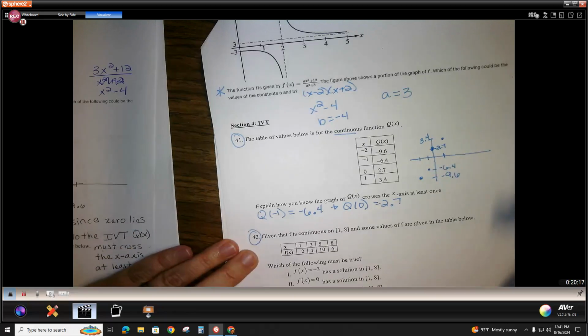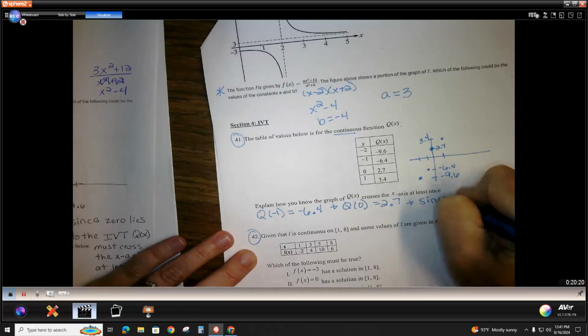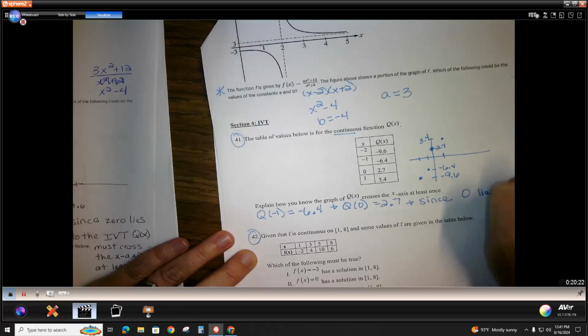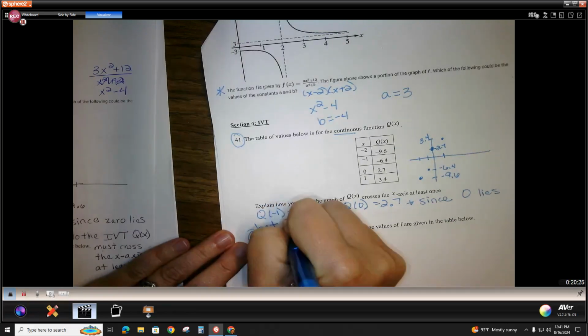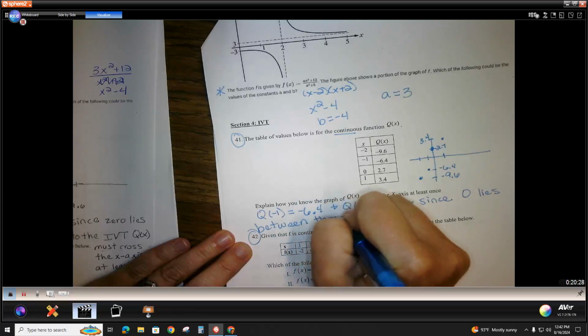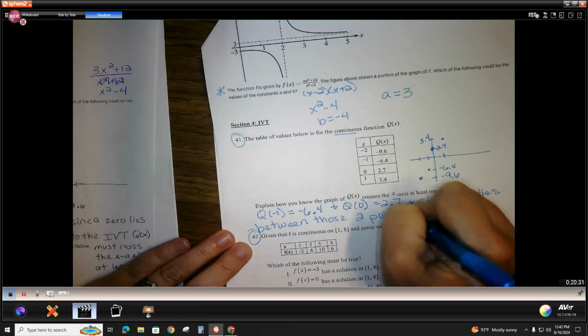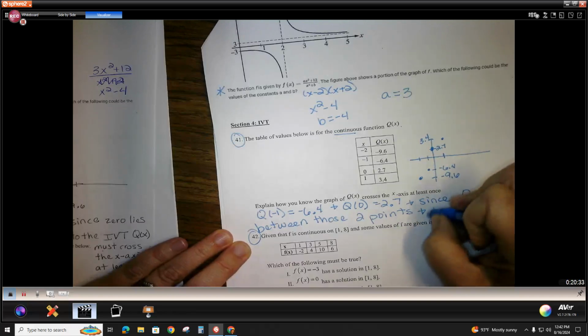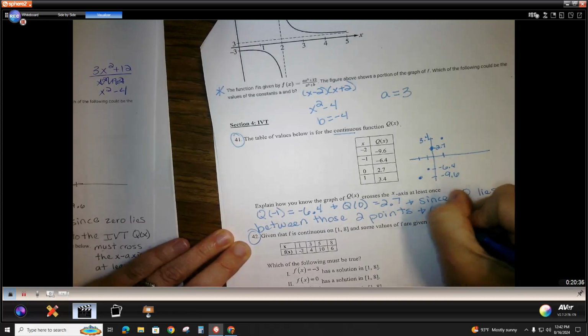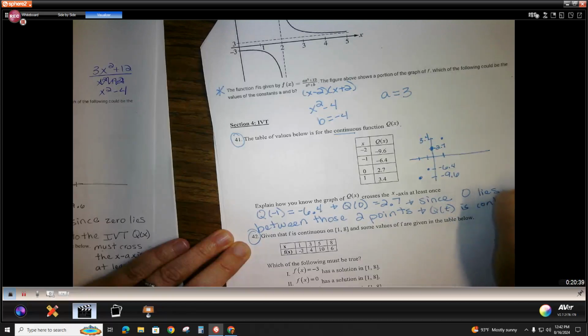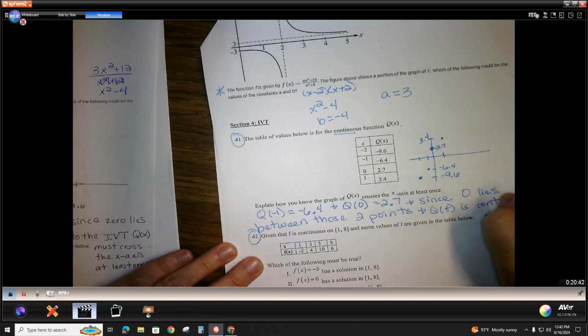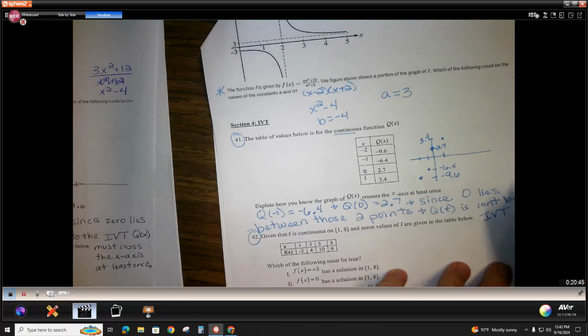And since 0 lies between those 2 points, and q of x is continuous, by IVT, q of x must cross the x-axis, sorry, this is getting long, at least once.